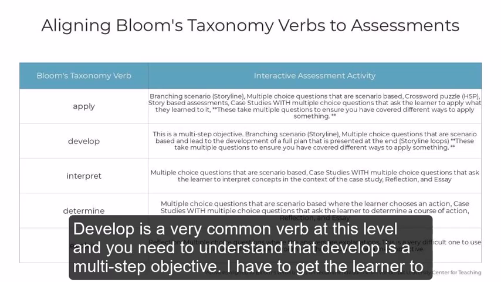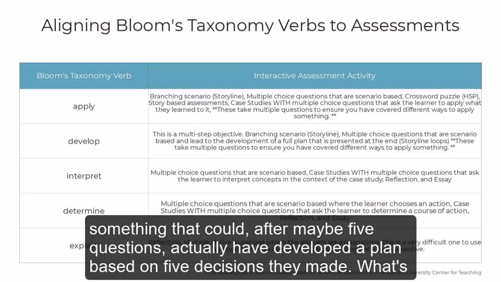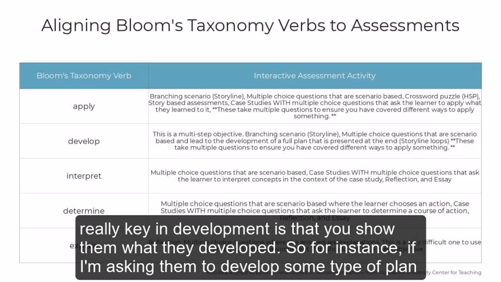Develop is a very common verb at this level, and you need to understand that develop is a multi-step objective. I have to get the learner to make decisions. So branching scenarios are great for multiple choice questions that are scenario-based and that they're picking something that could, after maybe 5 questions, actually have developed a plan based on 5 decisions they made. What's really key in development is that you show them what they developed.